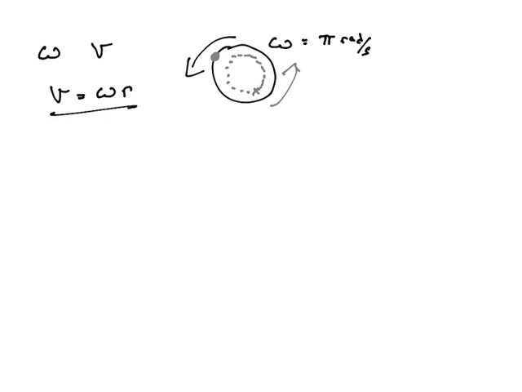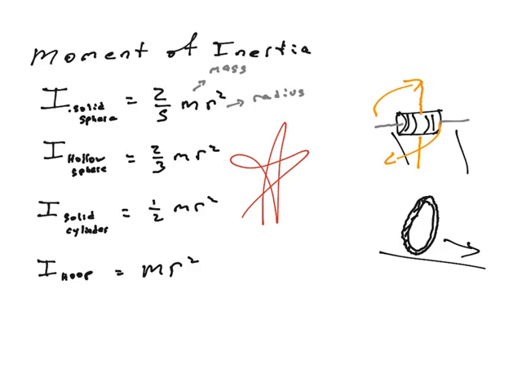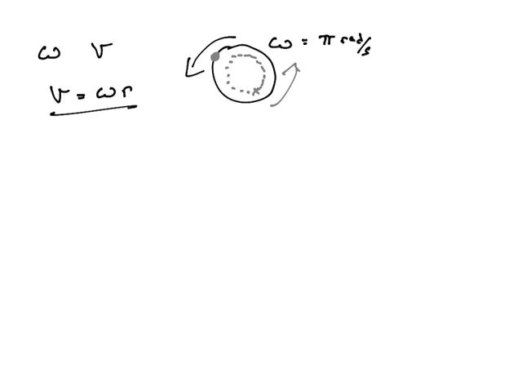So that's another thing you want to remember. We have the moments of inertia for the different shapes. We're going to plug this into our equation wherever we see an I. And probably when we see an omega, we're going to use this equation to change omega to v. And you're going to see why we do that. But just remember, there's always a relationship between the angular velocity and the linear velocity.